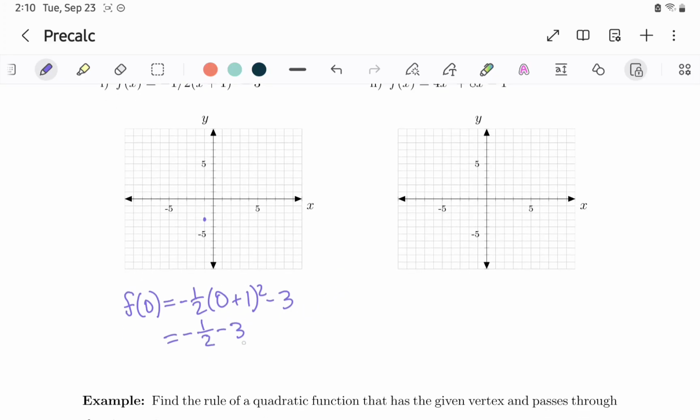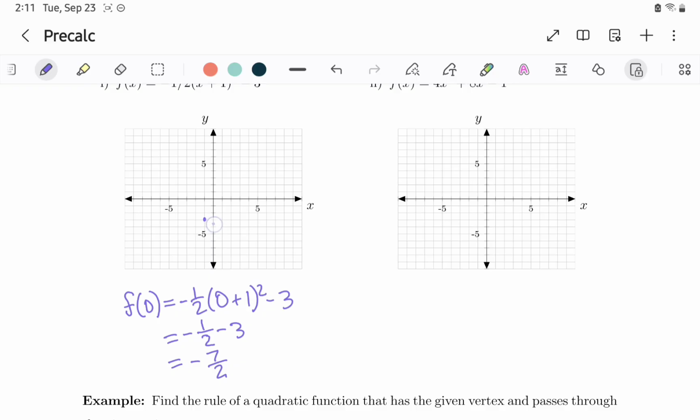So this is -3.5, or in other words, since 3 is the same as 6/2, -7/2. So this is going to be about right here, just between -3 and -4 on the y-axis.